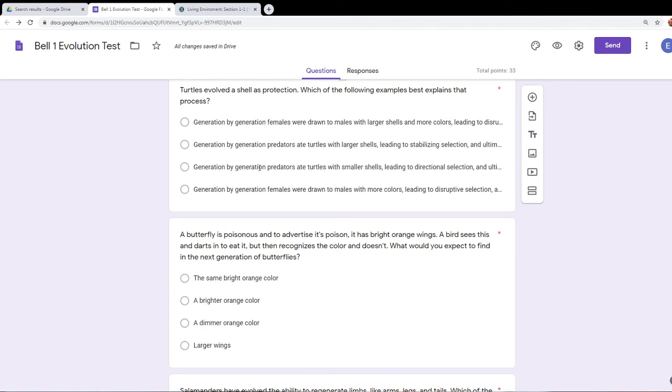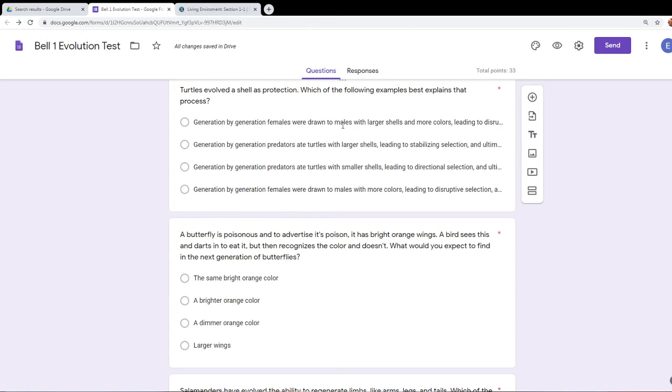That generation by generation, predators ate turtles with smaller shells, leading to directional selection and ultimately a turtle with a larger shell. Or that generation by generation, females were drawn to males with more colors, leading to disruptive selection and many colored shells. Which one of those would describe how a turtle or the turtle species evolved their shell for protection?